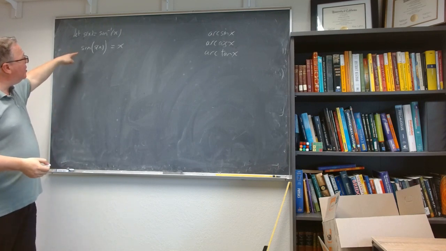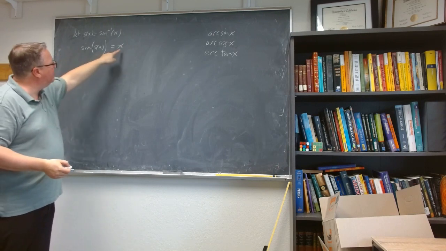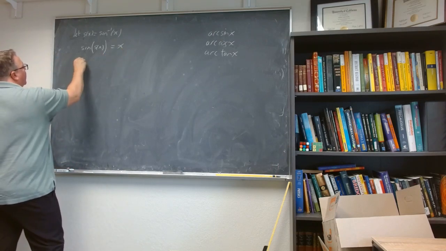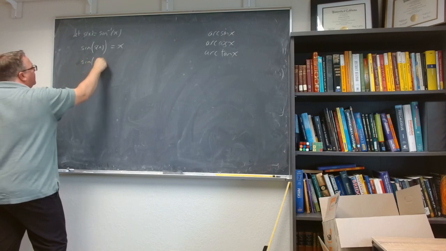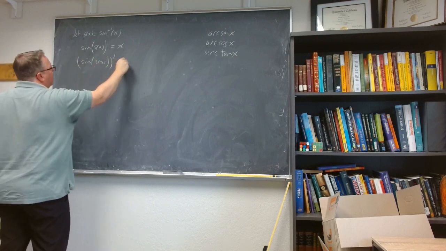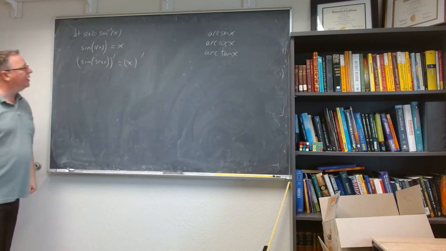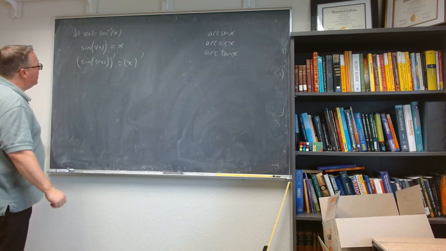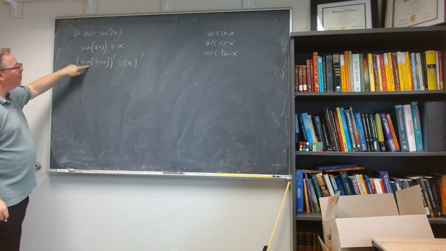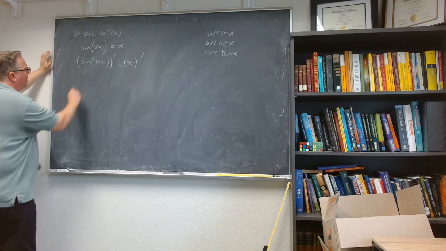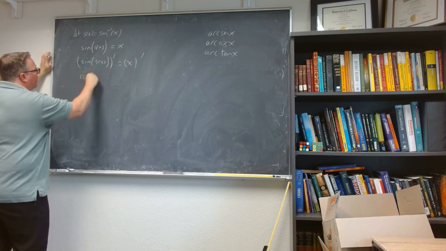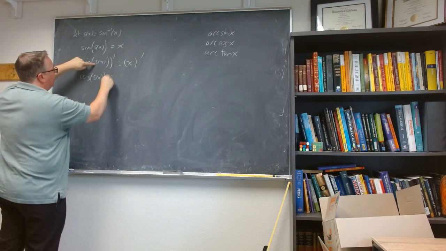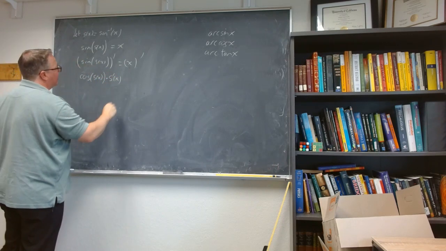Now, what we can do is take the derivative of both sides with respect to x. And we're going to do that. So let's say we take the derivative here. It should equal the derivative there. The derivative of x with respect to x is just 1. The derivative here, we have to apply the chain rule. So the derivative of sine is cosine. We plug in s of x, and then we multiply by the derivative of the inside, which will be the derivative of this s of x function.